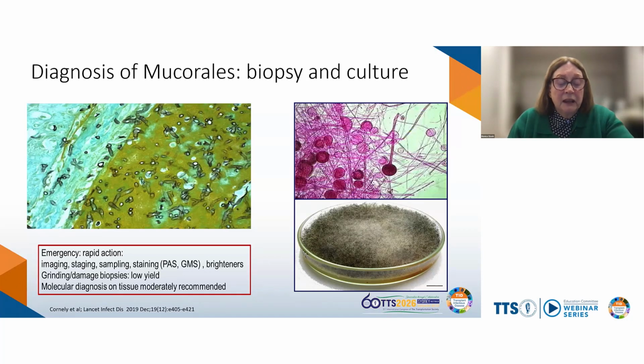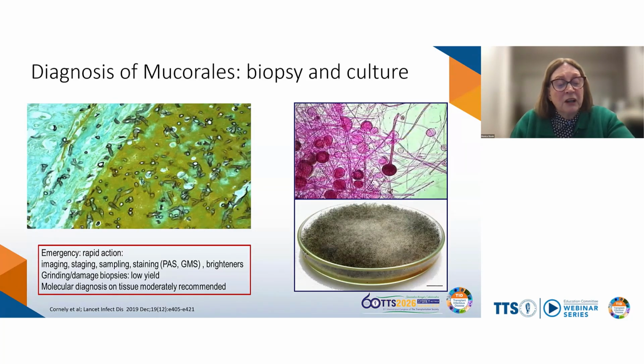So taking the global guidelines on mucorales, what are the key points that come out about diagnosis? These guidelines were published in 2019, but they do say this is an emergency, rapid action is required. The patient should undergo imaging and staging, sampling, staining with special stains or hyphal brighteners to detect the hyphae.